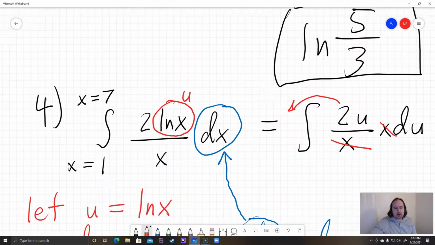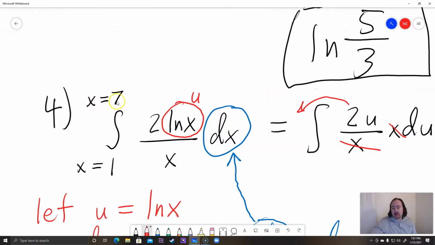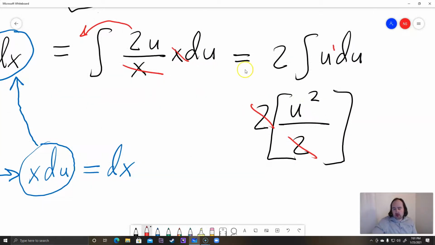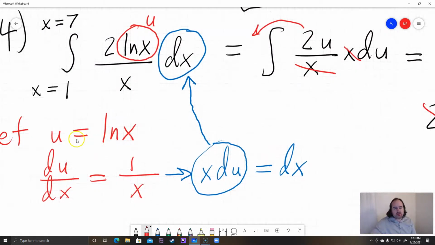And then for the u squared, we can't plug in the x equals 7 and the x equals 1 because it needs to be in terms of x. So instead of writing u squared, we're going to plug in the original expression for u in terms of x. In this problem, the u that we chose was u equals ln of x.